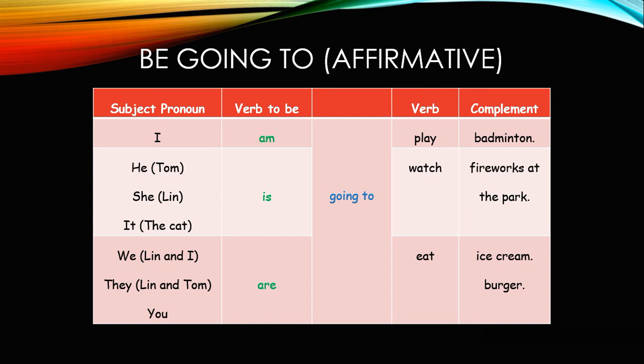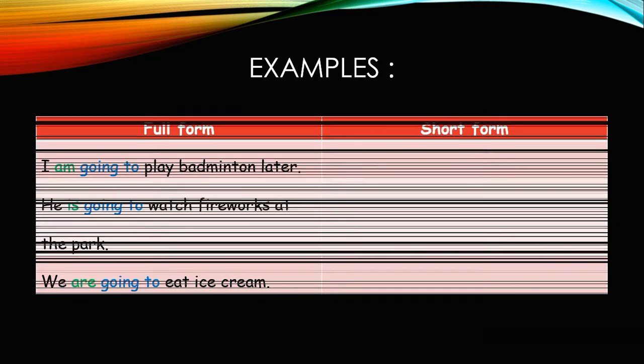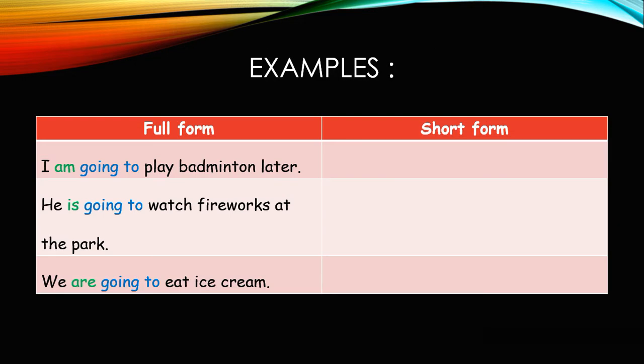Now, let's see some examples for better understanding. Well, when we speak or write, we can use either the full form or the short form. For example, the first one. I am going to play badminton later.